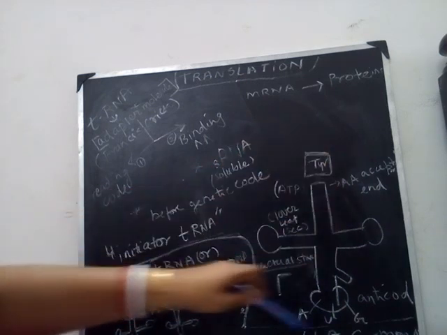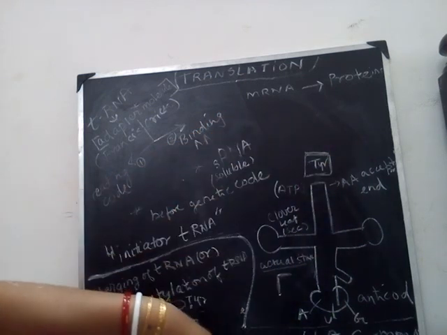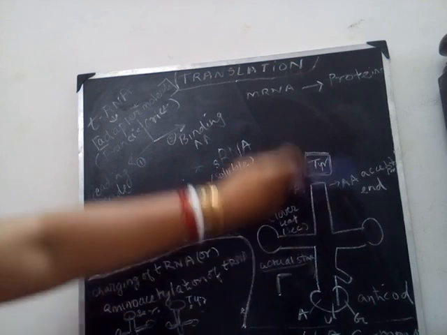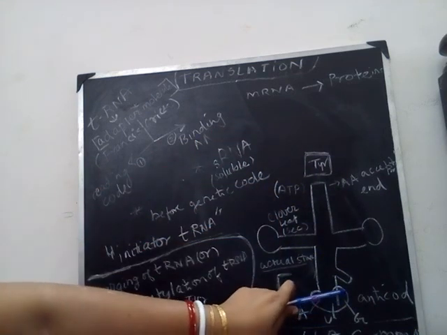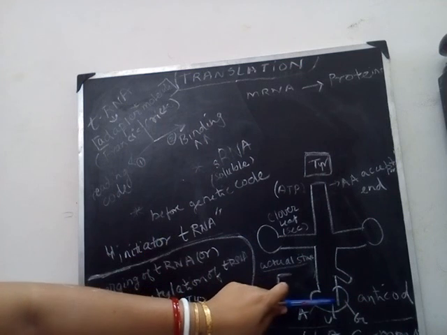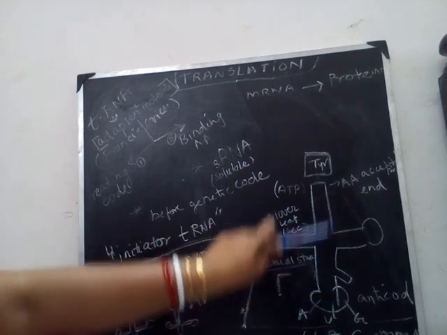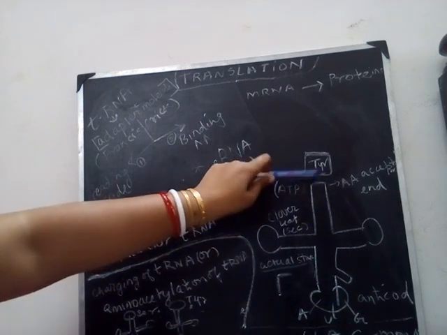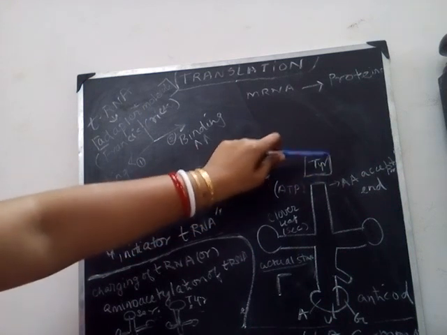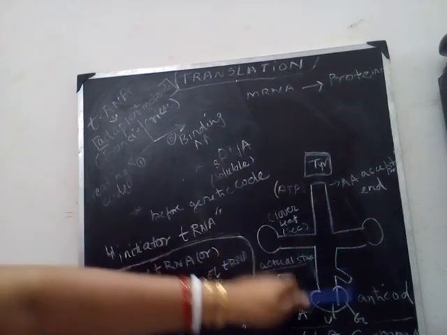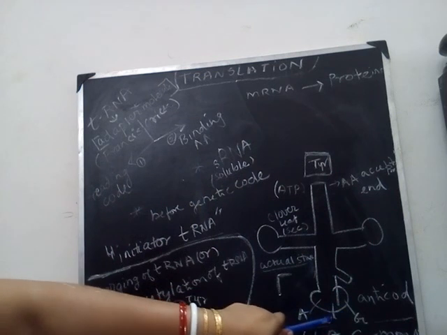Now coming to the structure of the tRNA, transfer RNA. It is a clover leaf structure with this portion known as the anticodon and this portion known as the amino acid acceptor end. You can see tyrosine is getting attached here, and here there is the anticodon for it, AUG.